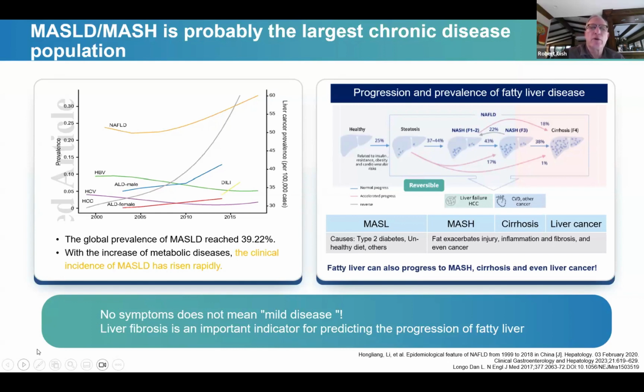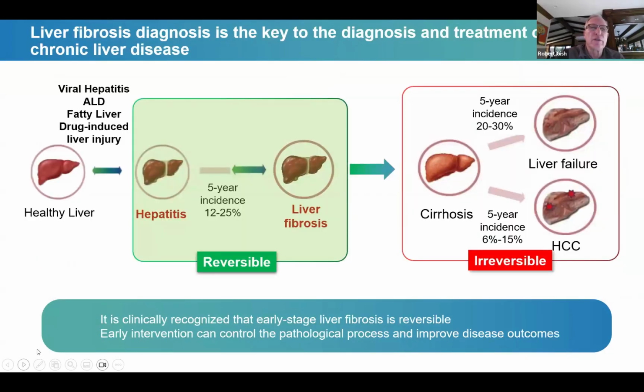And of course, progression of fatty liver disease can be maintained and monitored with proper testing, retesting, and surveillance, but also this helps us with intervention. Liver fibrosis is the key for staging every individual.